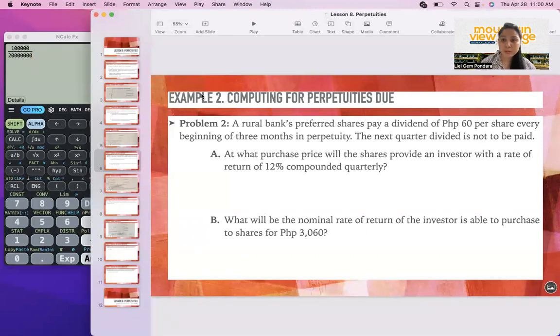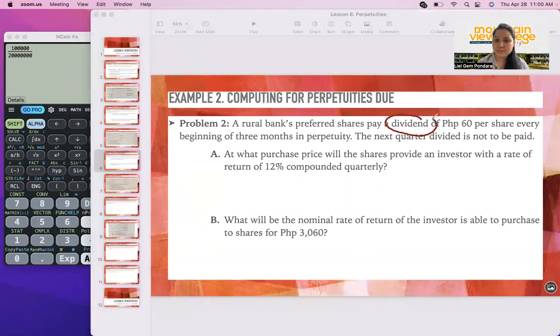What is our R? Is it 60? If we read again, the dividend, that means that's the regular release, is 60. So that is our R, 60 pesos, every beginning of 3 months. At the beginning, so it is a perpetuity due.